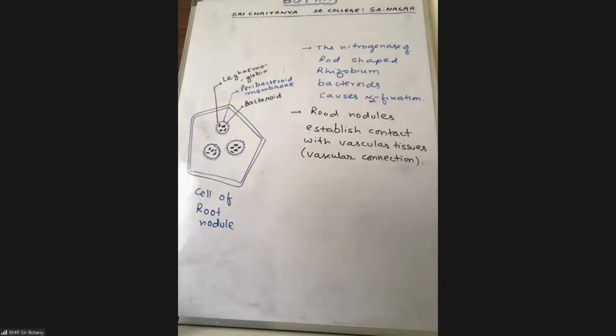Cortex and pericycle. Root nodules are formed from which cells of the host root? Cortical and pericycle cells. During root nodule formation, auxin is released from whom? Host cell. Cytokinins are from bacteria.